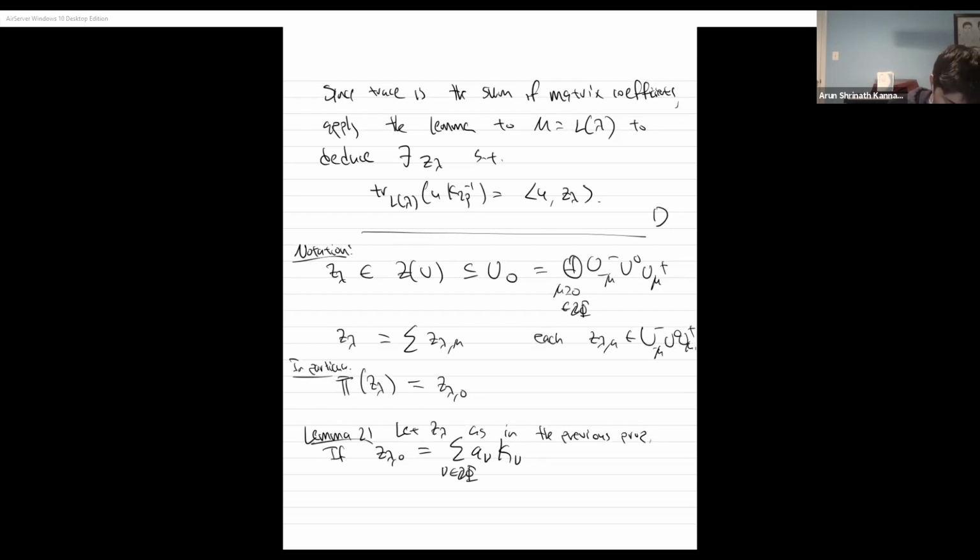Actually, let me not say that, this is part of the proof. Then the Harish-Chandra homomorphism image of Z lambda is equal to the following.